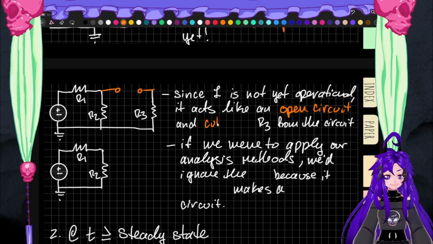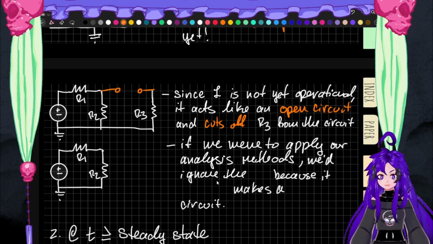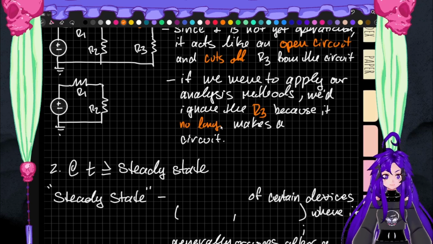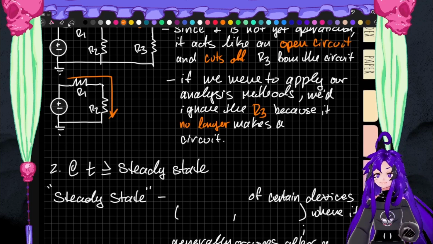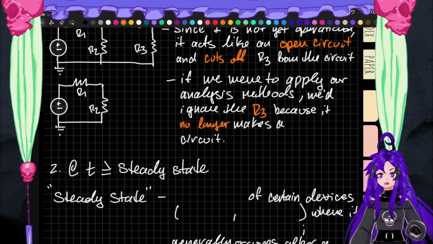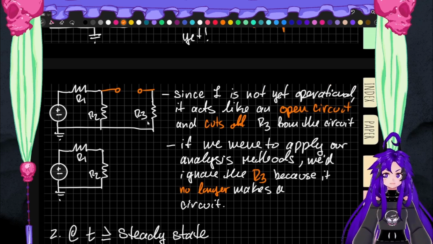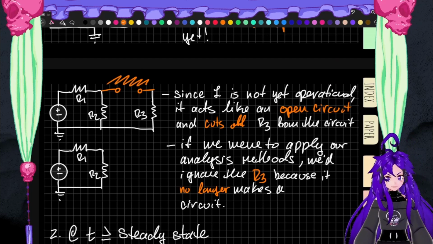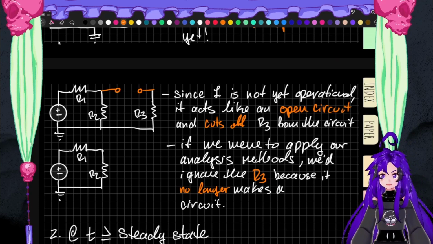It cuts off R3 from the circuit. So if we were to apply our analysis methods, we'd have to ignore R3 because it no longer makes a circuit. So all we've got is this, right? At the beginning, when an inductor first starts operation, it doesn't operate. It doesn't pass current. It acts like it's a break in the wire.